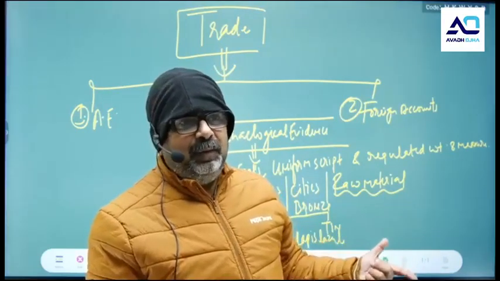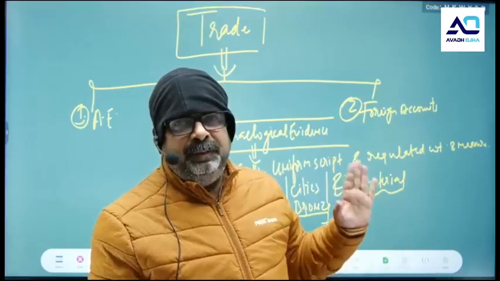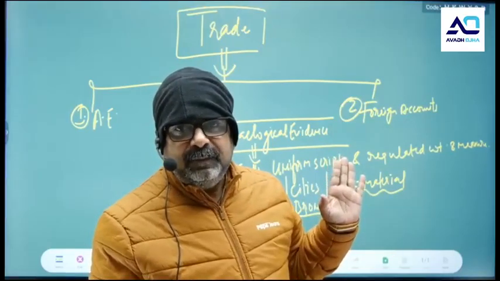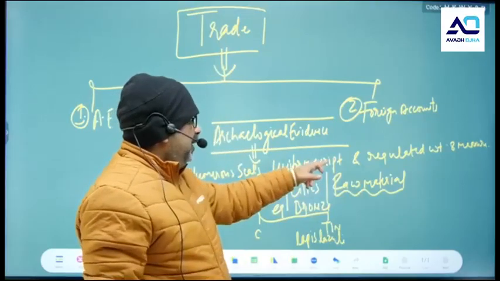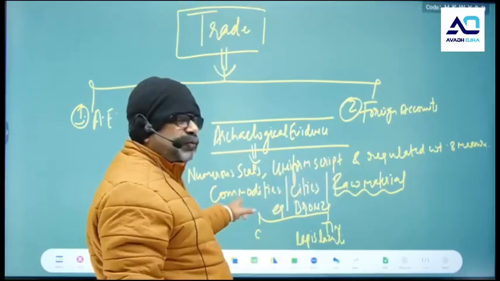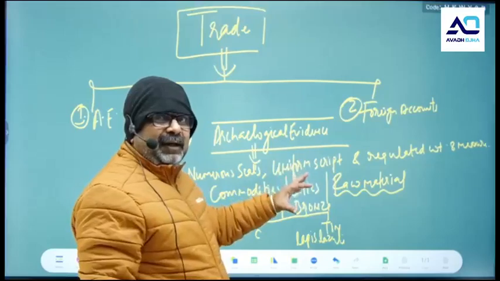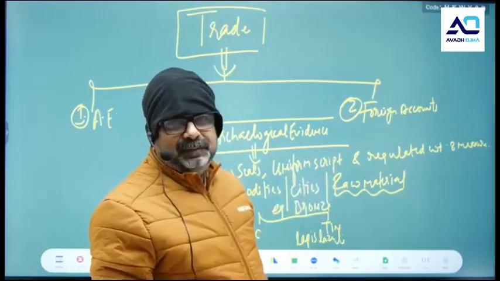That means it was coming from outside. So uniform weight, numerous seals, uniform script, regulated weight and measures, plus commodities which were produced in the cities, for them raw material was not locally accessible.